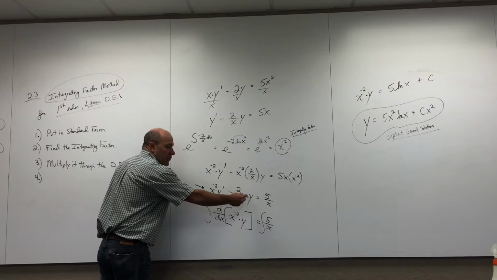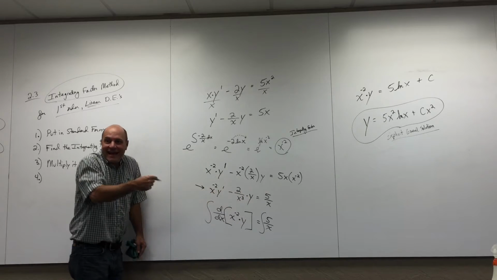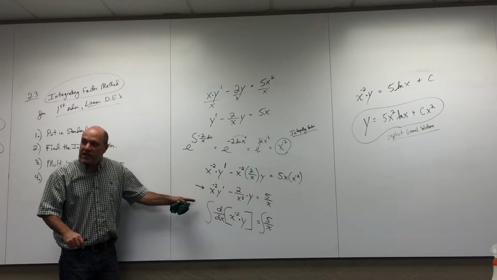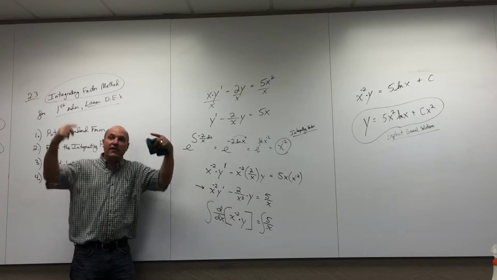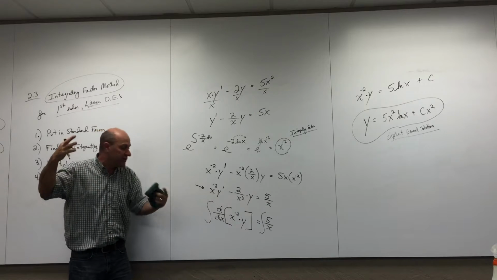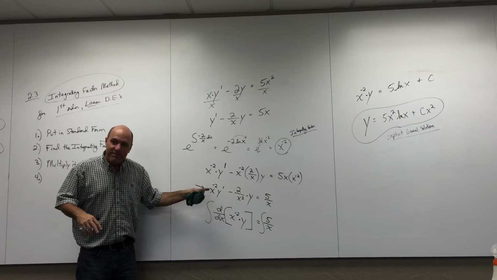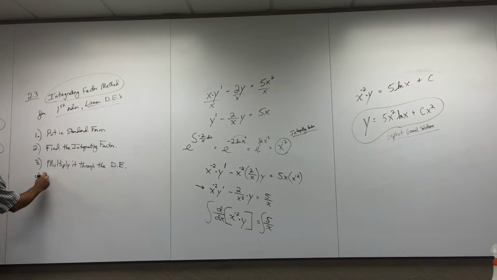After we multiply it through, the next step is kind of not to do anything except to rewrite the left-hand side. The left-hand side is the product rule derivative. So here's how I'm going to write that.